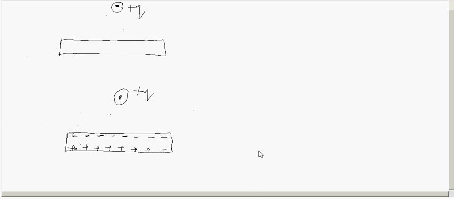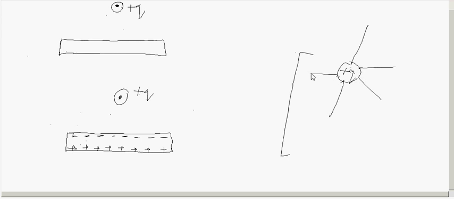Now if you take only the positive charge plus Q, how do we mark the field lines? The field lines will move away from this positive charge. Let us mark these field lines.